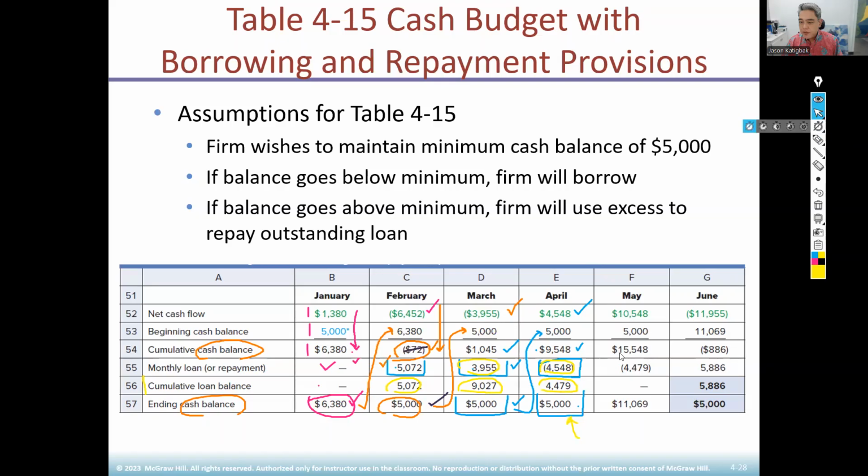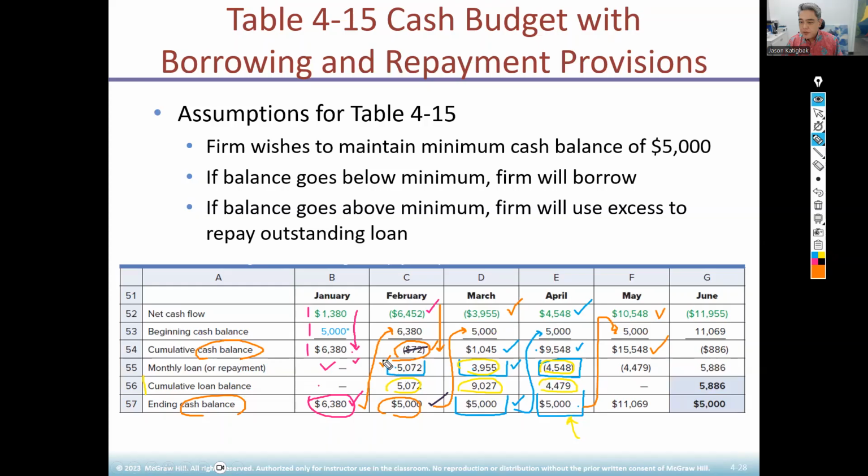And I'll go back to Excel. So same, you still have 5,000 that you carry over. You have the movement of May. You have 15,000, but you only need 5,000.